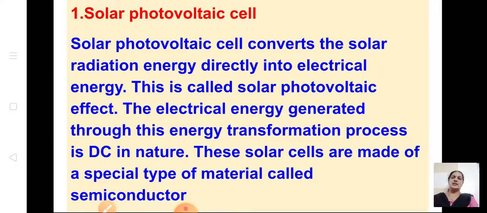These solar cells are made up of a typical type of material called a semiconductor, which is silicon. We have learned this in lower standards.